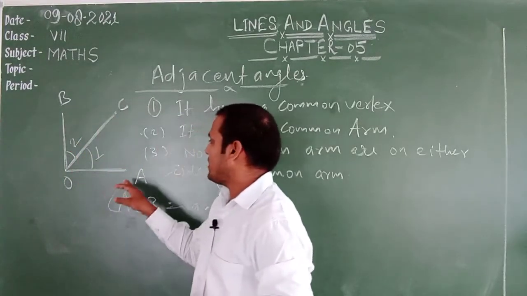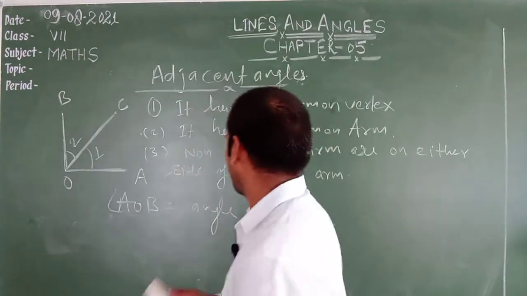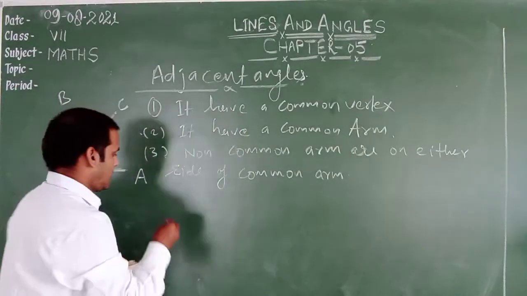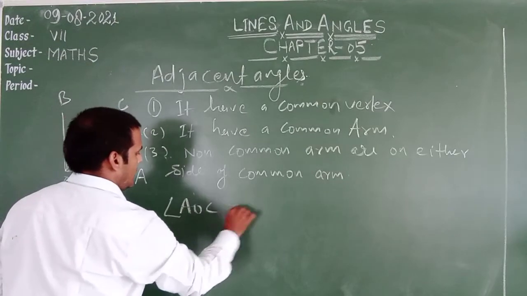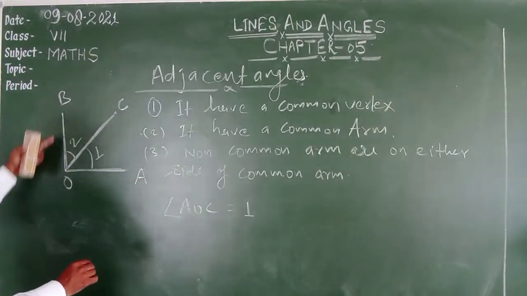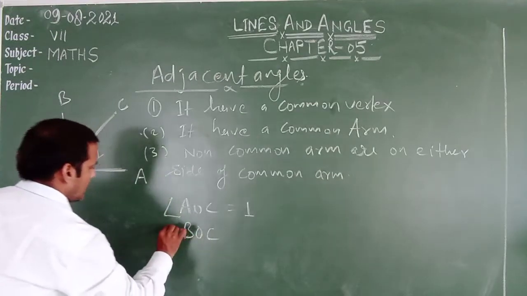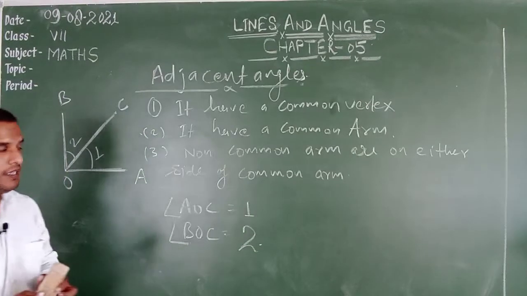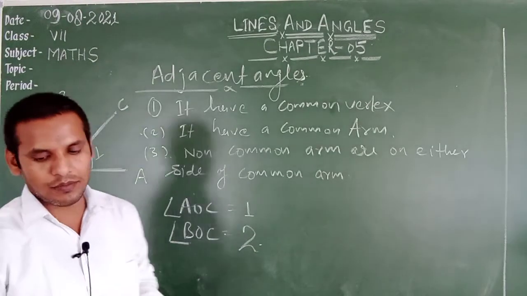So AOC is angle first, angle AOC is angle first, and BOC is angle second. In these angles, OC is the common arm.